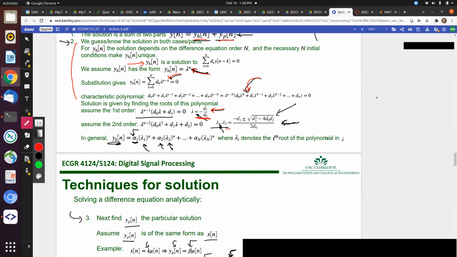If it's a function of Y of n minus 1 and Y of n minus 2, then you have a second order system. You apply this equation, and this will give you 2 lambdas, and you would write it out as alpha 1 lambda 1 to the n plus alpha 2 lambda 2 to the n, and lambda 1 and lambda 2 will have specific values. Is that clear? So these equations are general solutions to first order and second order difference equations in Y.